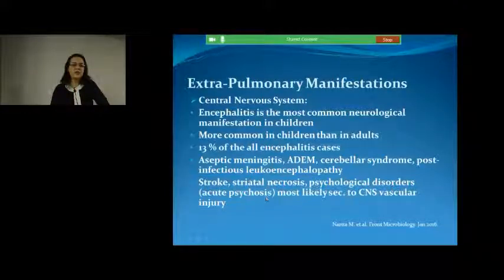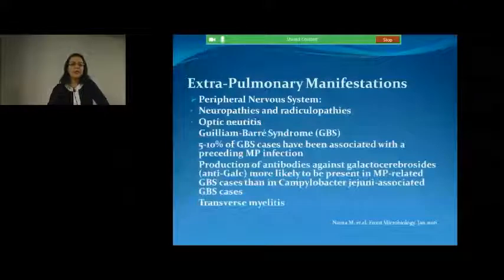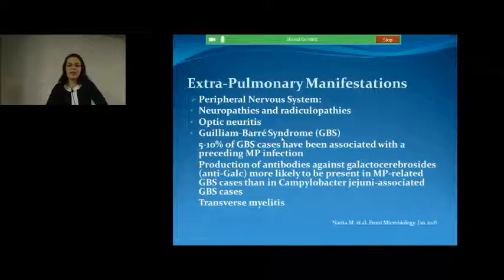Psychological disorders such as acute psychosis usually are secondary to central nervous system vascular injury caused by the microorganism. In the peripheral nervous system, Mycoplasma has been described to cause neuropathies, radiculopathies, optic neuritis, and Guillain-Barré syndrome.